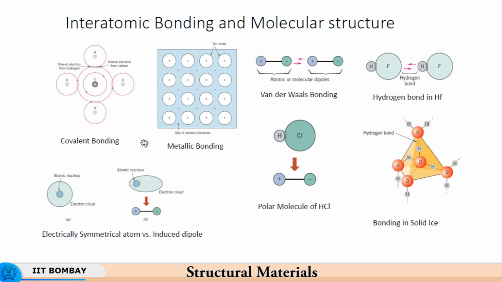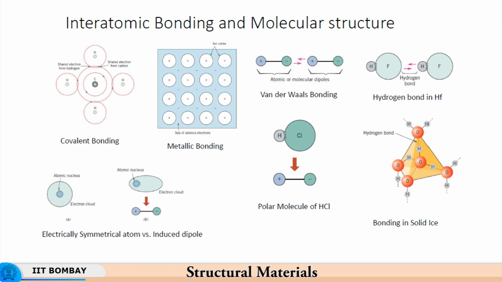So, if you look at the sources of strength, in case of metals particularly, you have the interatomic bonding and the molecular structure, as we call it, imparting the properties. So, the strength is finally the outcome, and that is required for the required performance.